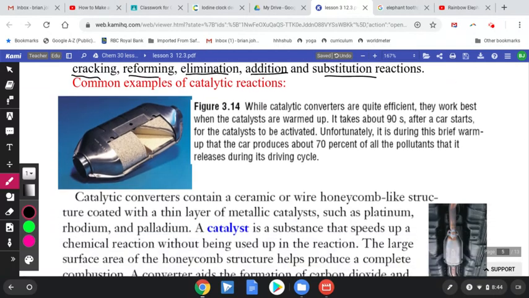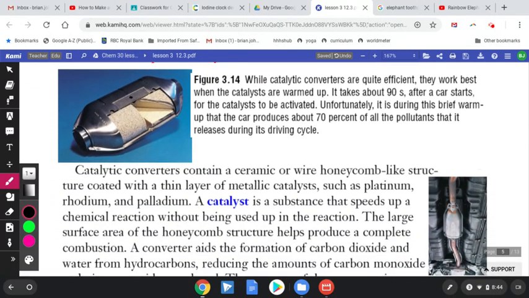Another interesting example is catalytic converters that are found in the bottom of your car in the exhaust system. When car engines burn, they also combust a little bit of nitrogen to make nitrogen monoxide or nitrogen dioxide, which can then combine with water and make acid rain, HNO2 or HNO3. Not good.